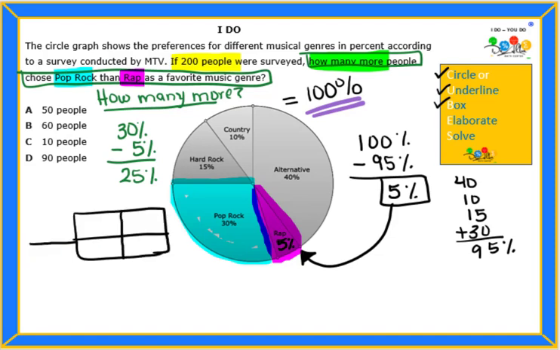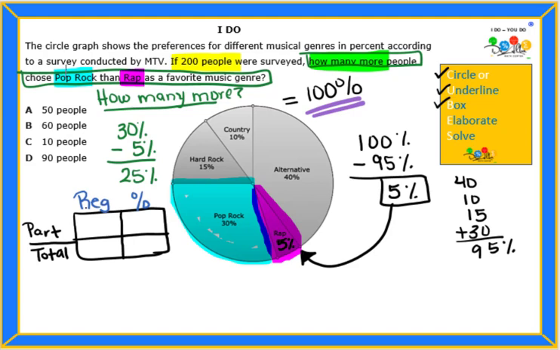In our percent box, we're going to put the part on top and the total on the bottom. Also in our percent box, we have two types of numbers.